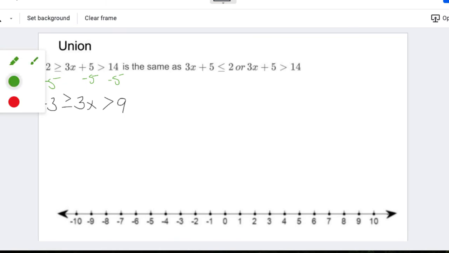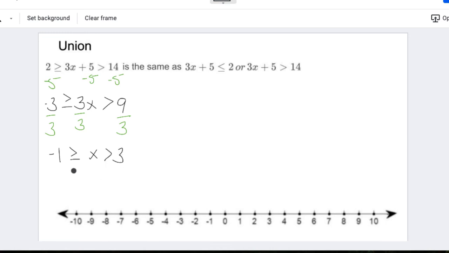We don't want 3x's, we just want a 1x, so we divide by 3 everywhere. Negative 3 divided by 3 is negative 1. The inequality sign did not flip because 3 wasn't negative. And 9 divided by 3 is 3.